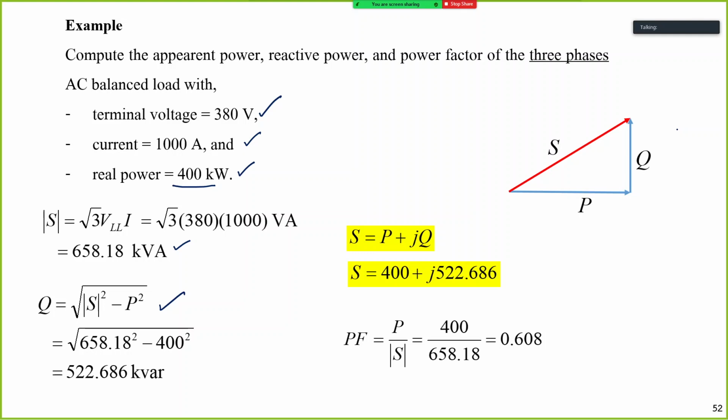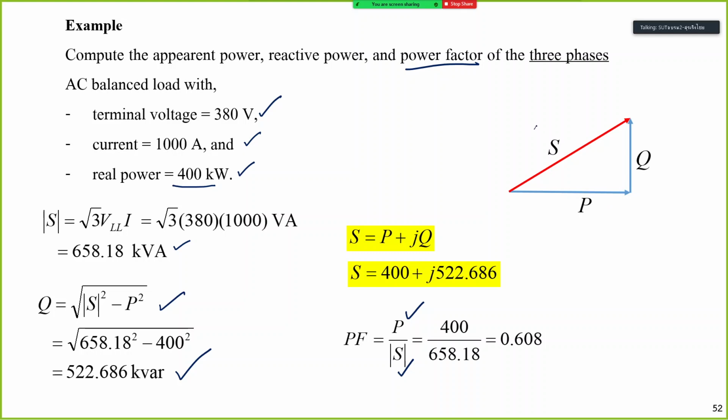Here you get the Q value, and you can also compute the power factor. The power factor is the ratio between real power and the complex power, or apparent power here, right? Or in fact, S is P plus jQ.